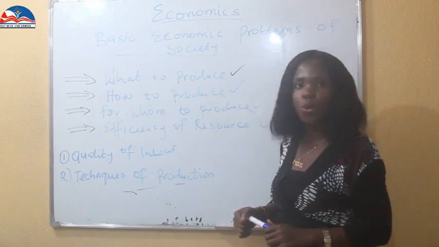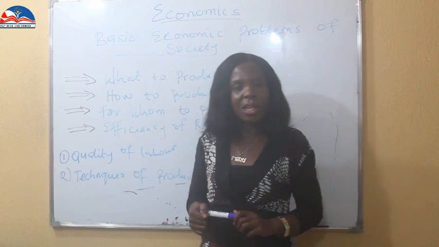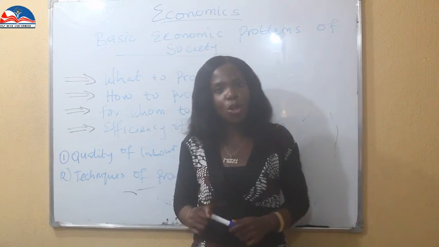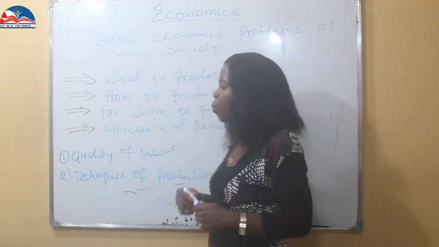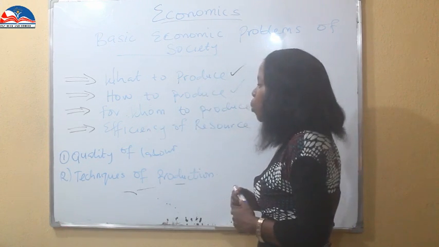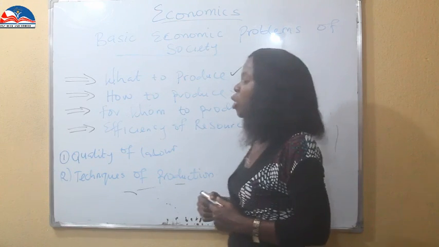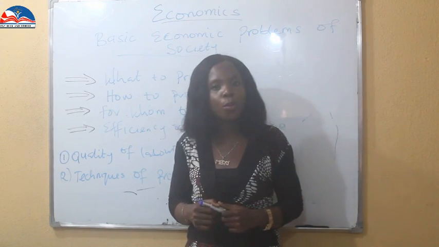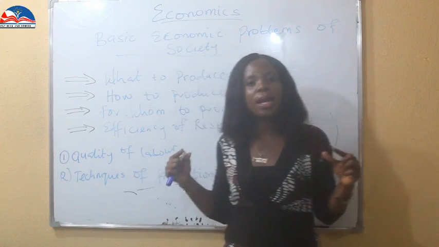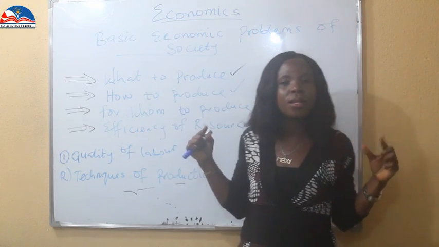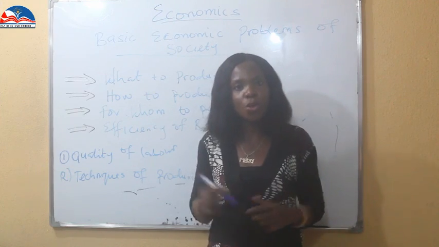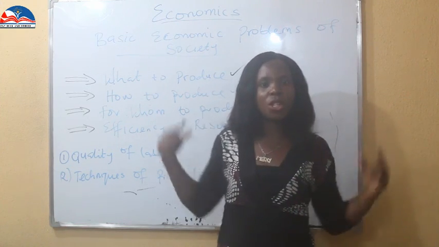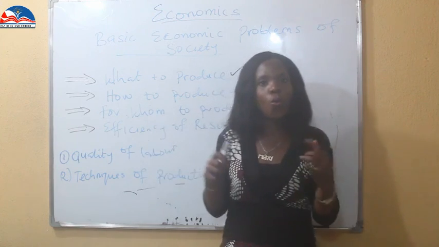Then techniques of production. In your techniques of production, you want to see how you combine all factors of production technically to bring about the production process. High intensive labor will be better, that is to use advance in technology, machine and specialized hand to 1.